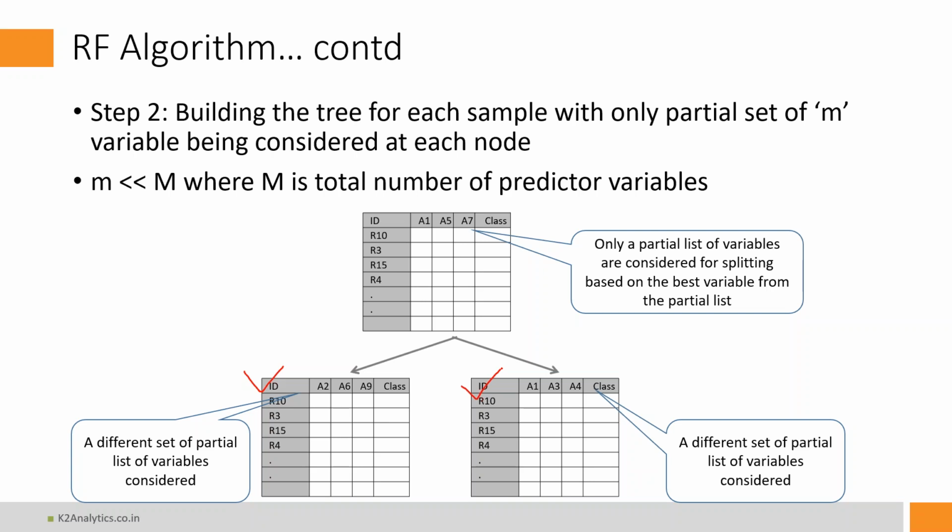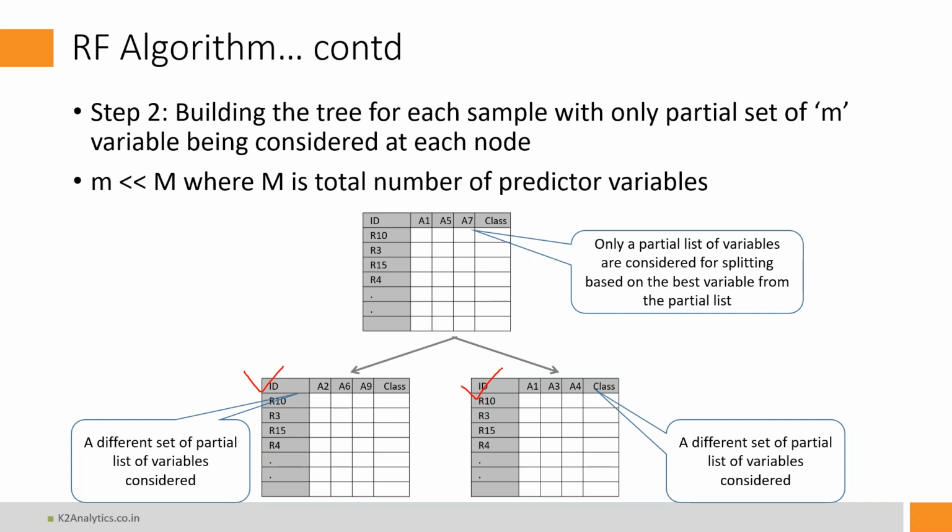Now for the second dataset D2, you are again going to repeat the same thing. You are not going to bother about which were the 10 variables selected at the root node level in the first dataset. The second model on the second dataset will be an independent process of the first dataset.